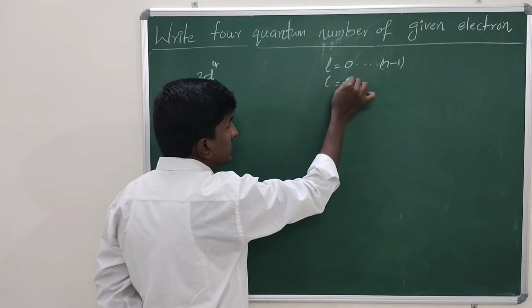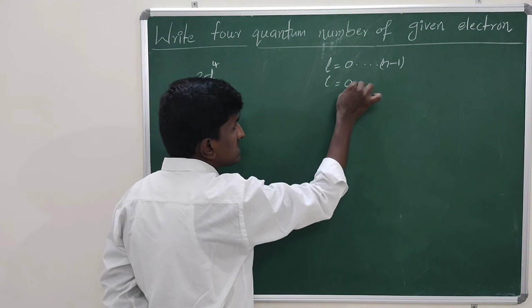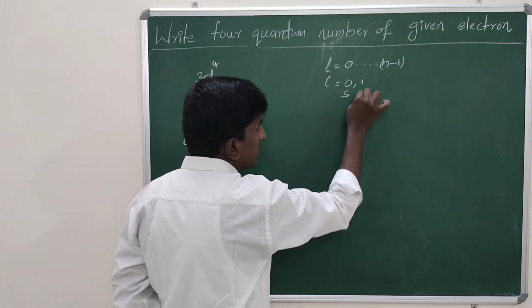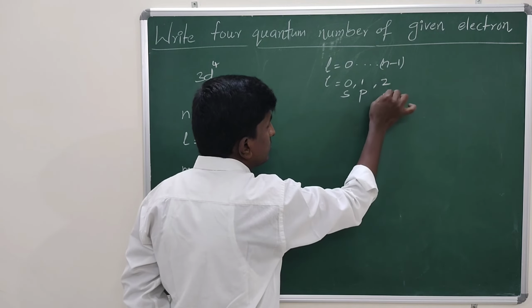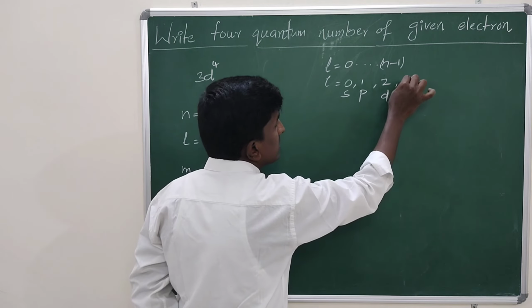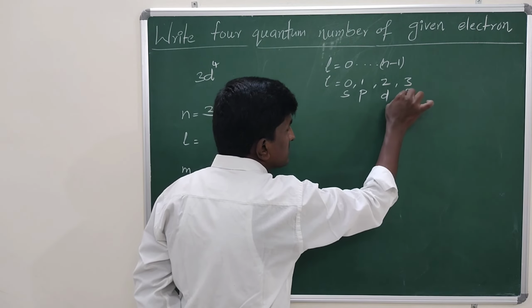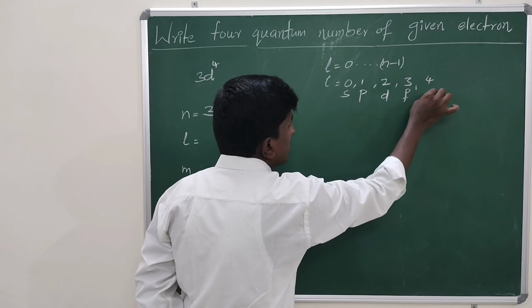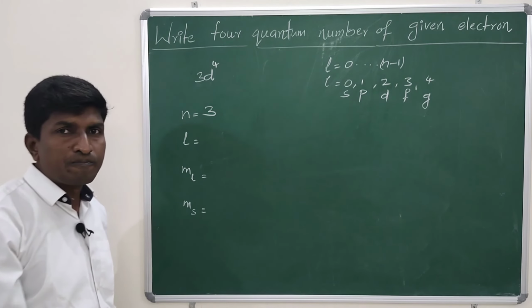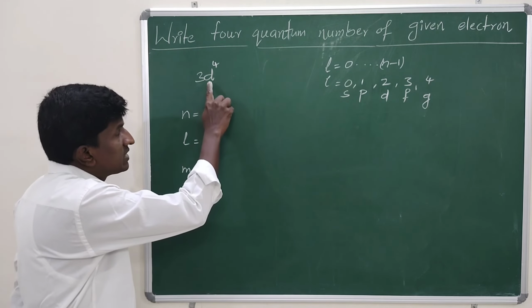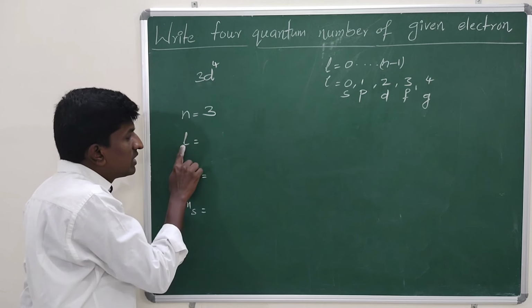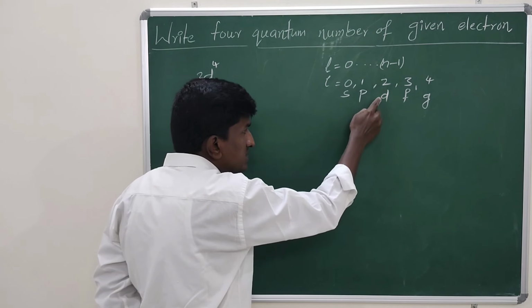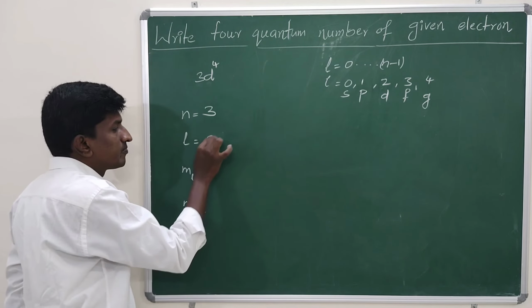So if l equals 0, this is the s subshell, 1 is the p subshell, 2 is the d subshell, 3 is the f subshell, 4 is the g subshell, and so on. So here the subshell is d, and the l value for the d subshell is 2.